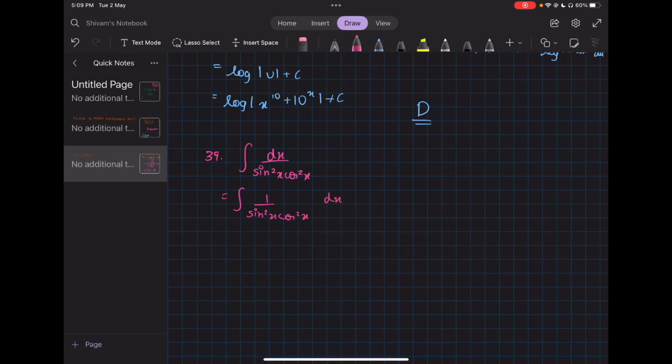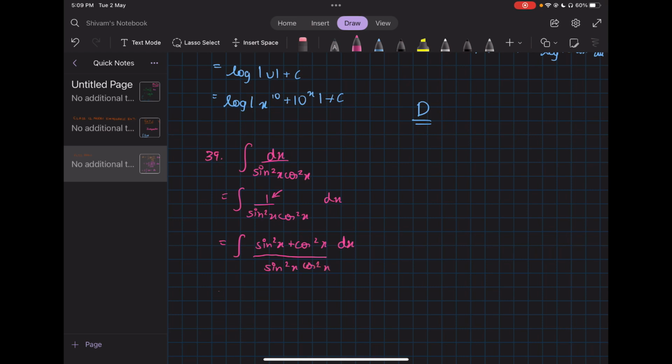Now what we're going to do is write everything in terms of sine and cos, because we have sine and cos in the denominator. So we can write this 1 in the numerator as sine squared x plus cos squared x. This is the very first trig identity that we learned, and it's coming in useful now. The denominator remains the same.